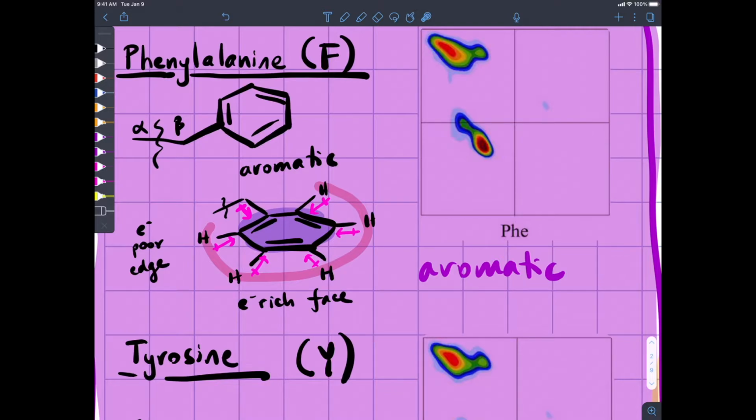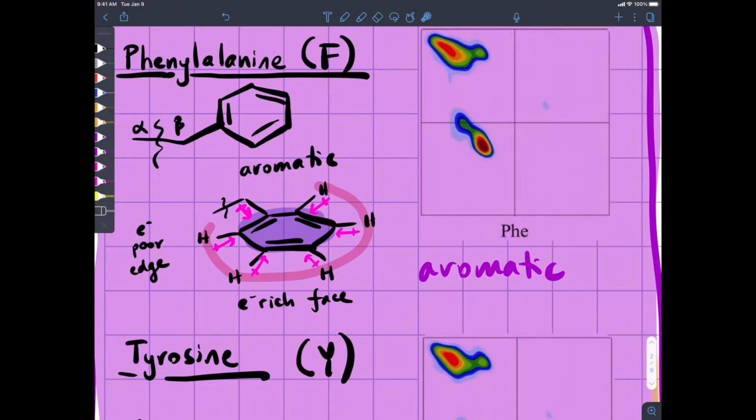And that means that aromatic side chains can do things that just regular hydrocarbon side chains can't. For example, imagine the electron poor edge of one benzene ring pointing down and stacking on the face of the electron-rich face of another benzene ring. That's called a T-shaped benzene interaction, and it's pretty strong.